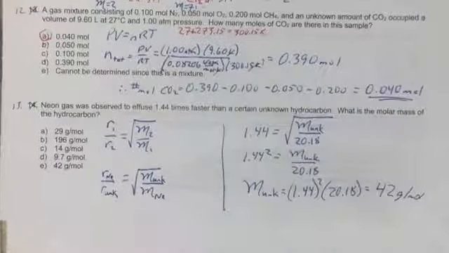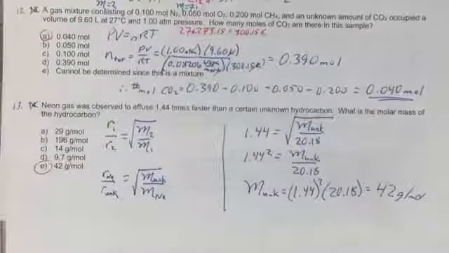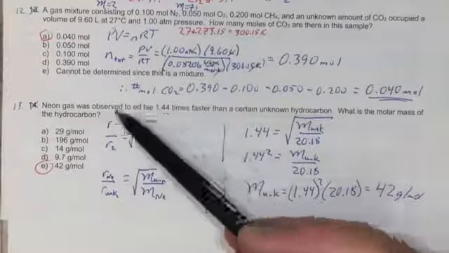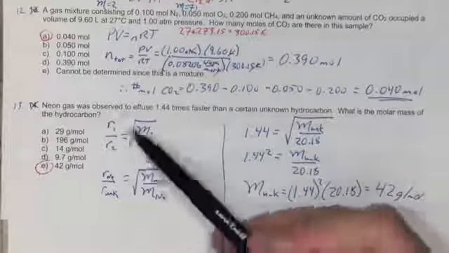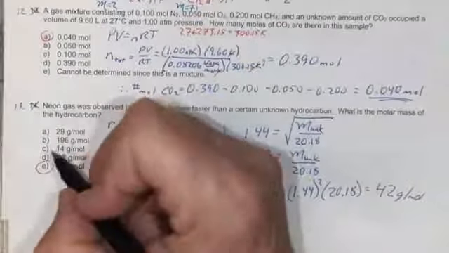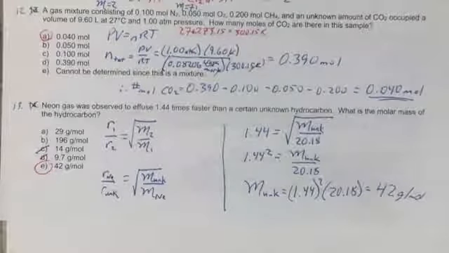So the answer ends up being choice E. Now notice this about this particular question. Neon effuses faster. Well, that's because it's lighter. So if it effuses faster and the molar mass of neon is 20, we could have gone through and automatically ruled out choices C and D. The unknown must be heavier. It effuses more slowly than neon does.